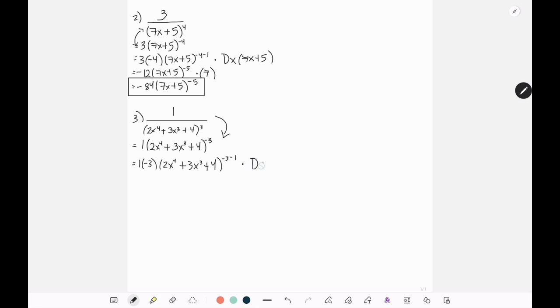And then the derivative of 2x raised to 4 plus 3x raised to 3 plus 4. Okay, so now, after that, so 1 times negative 3, it will be negative 3. And then copy again, 2x raised to 4 plus 3x raised to 3 plus 4. And then negative 3 minus 1, that will be negative 4.